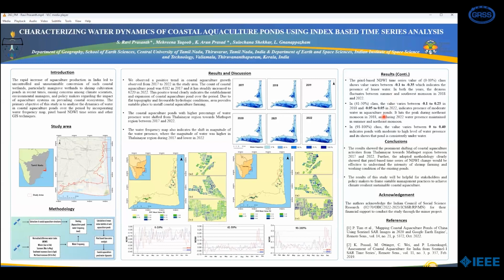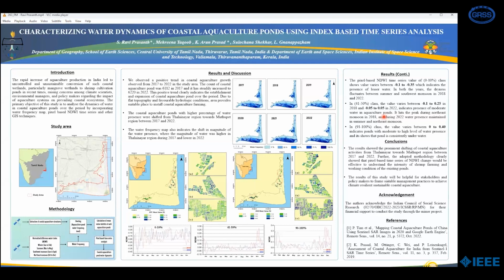It hits the peak during the northeast monsoon in 2018, and during 2022 water presence was maintained in summer and northeast monsoon. In the 91 to 100% class, the values vary between 0 to 0.40, which indicates ponds with moderate to high level of water presence, and it shows that the pond is consistently underwater.